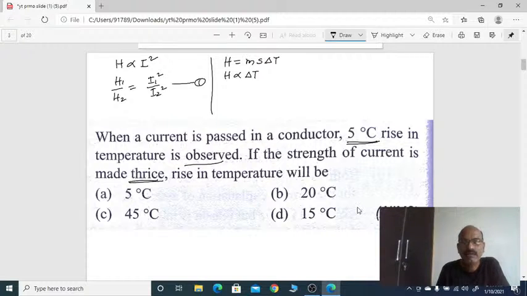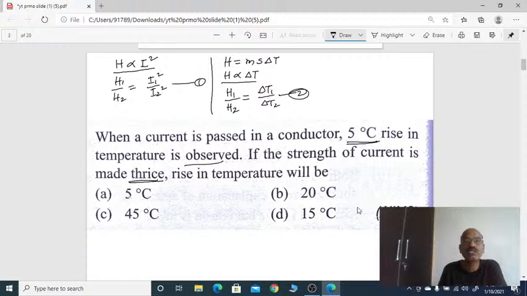So H is directly proportional to delta T, right? So I can write H1 by H2 equal delta T1 by delta T2. This is equation 2.